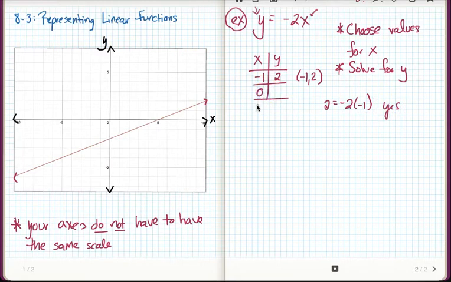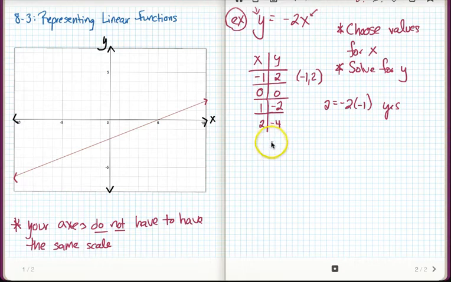Let's substitute 0 in for x. Negative 2 times 0 is 0, so that is another ordered pair that makes this equation true. If I substitute 1 in for x, I get negative 2. If I substitute 2 in for x, I get 2 times negative 2, which is negative 4, and so on and so forth. We could do this forever, but that would be a waste of our time.